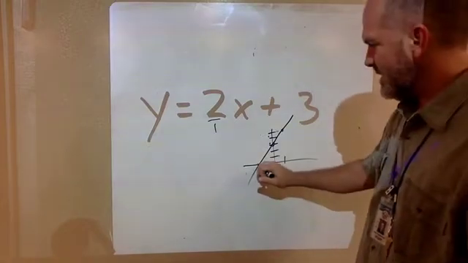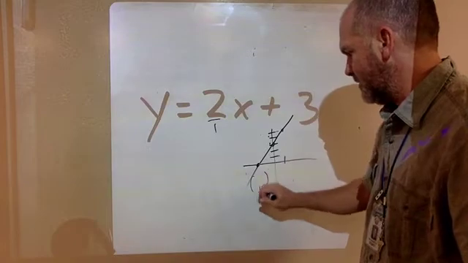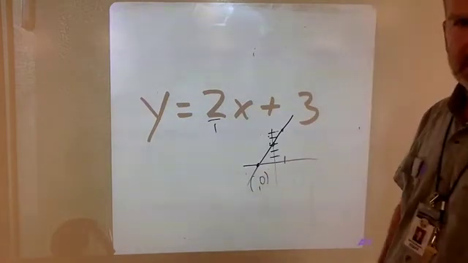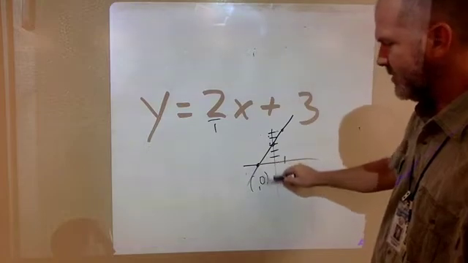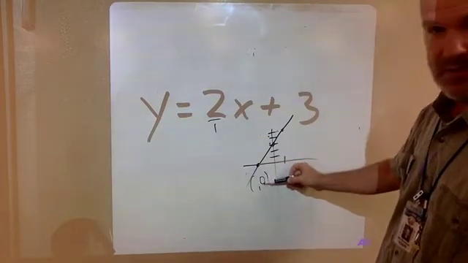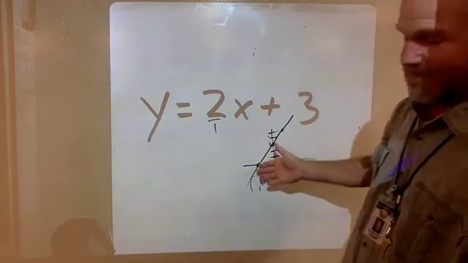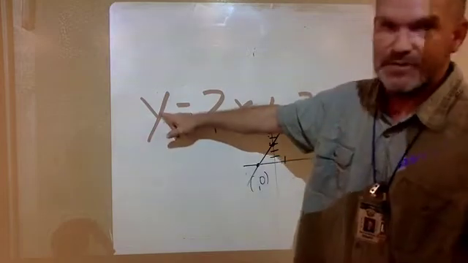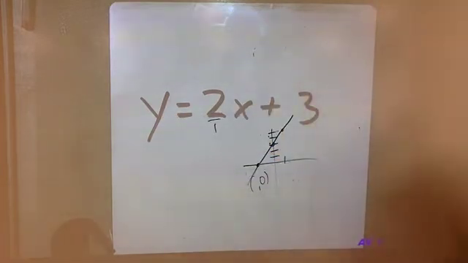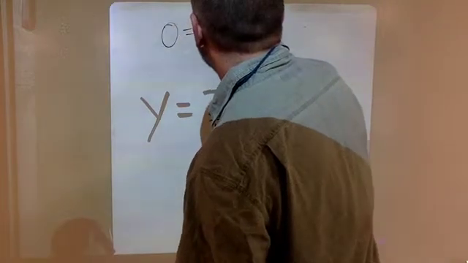Whatever this x-intercept is right here is some number comma 0. Remember, an x-intercept is on the x-axis, so we're just going straight over. We're not going up or down. So the y-coordinate is 0. A way to find that would be to just plug in a 0 for y. And you would have 0 equals 2x plus 3.